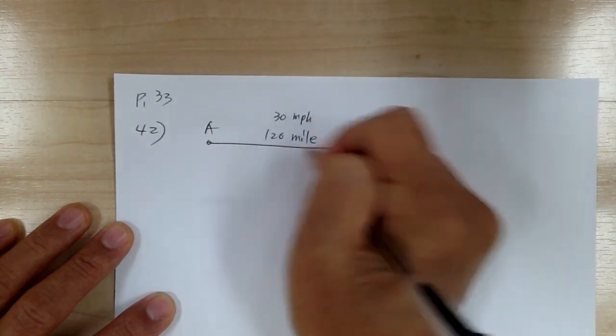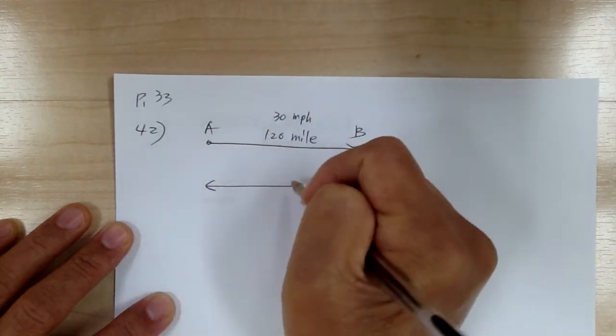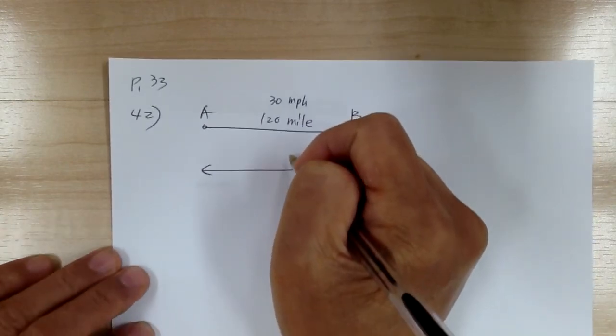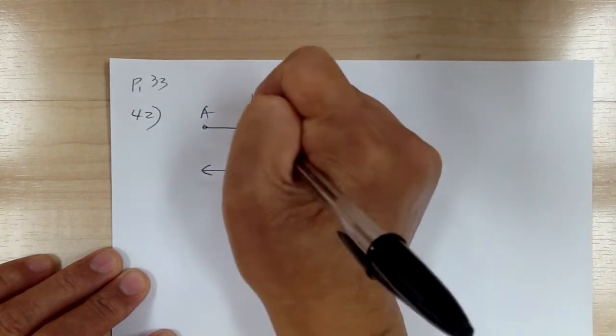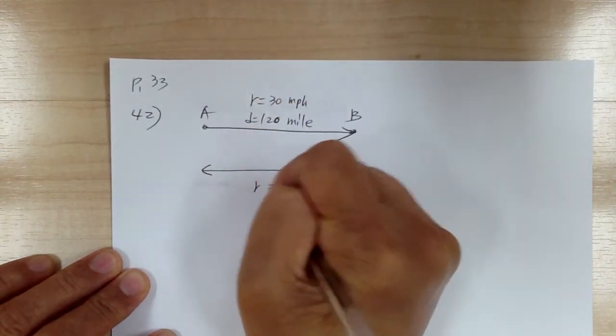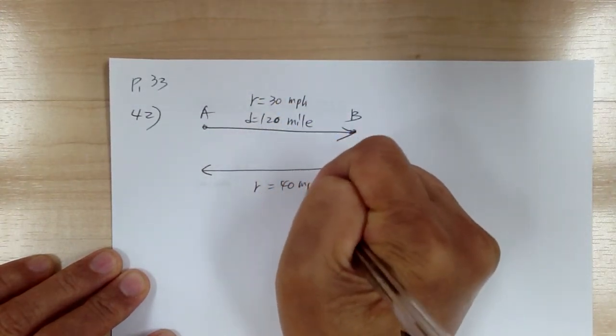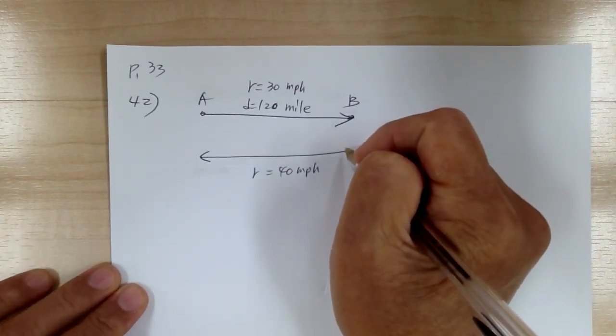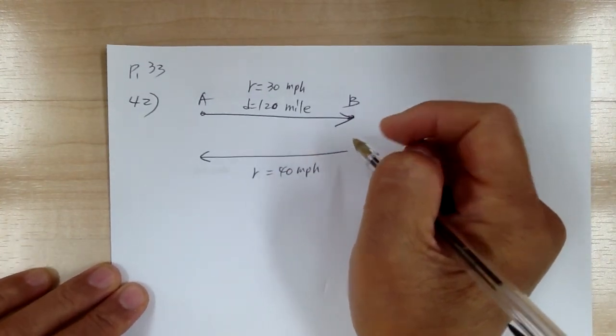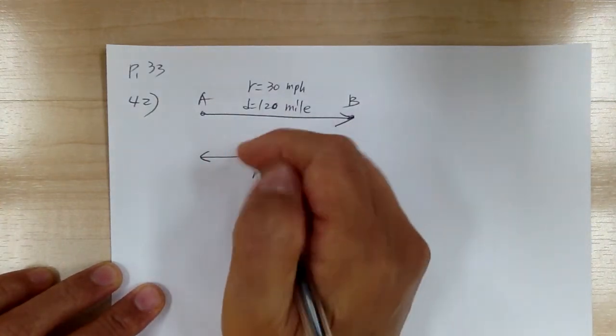And so it's going and then returns the same distance at 40 miles per hour. So you're looking for the average speed for the round trip.